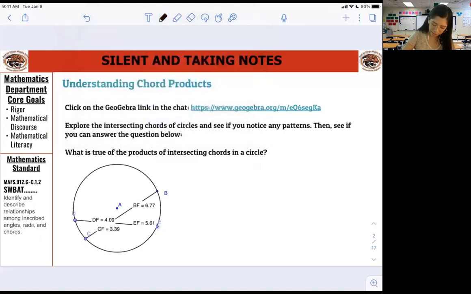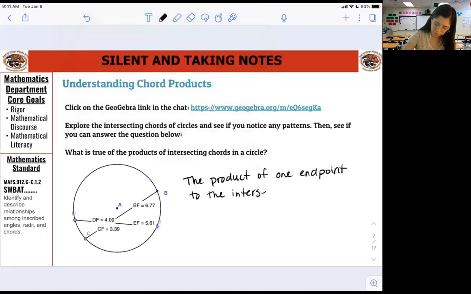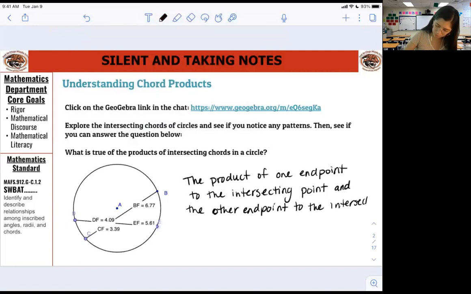And what we can say is that the product of one endpoint to the intersecting point and the other endpoint to the intersecting point will be the same for both chords.